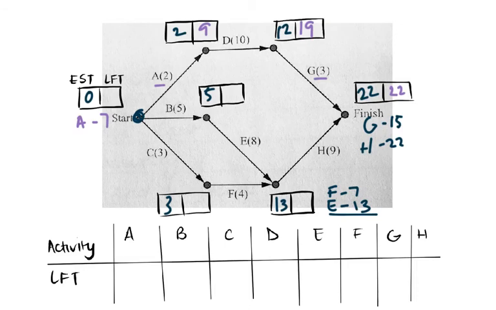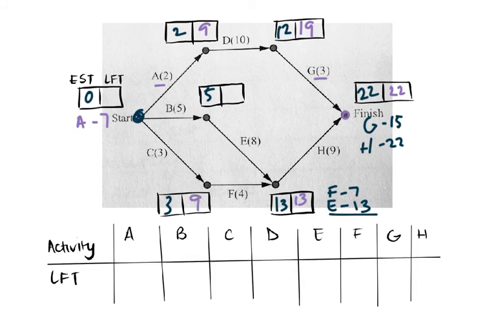Remember, when we're going in the backward scan, this time we're looking for the smallest number. Now we're going to go from the finish and follow H. We've got 22. 22 take away 9 is 13. And then 13 take away 4 is 9.